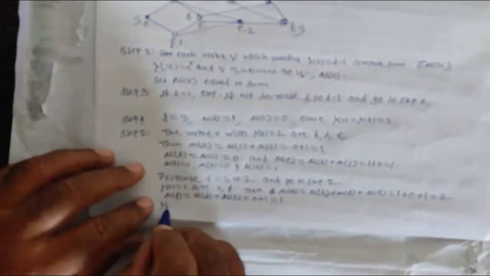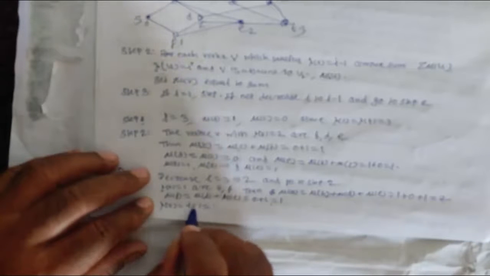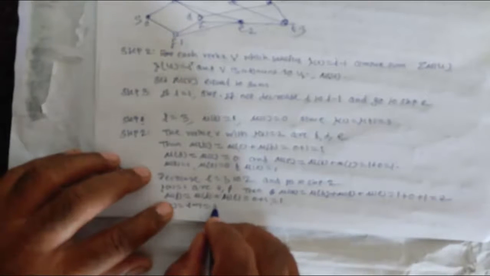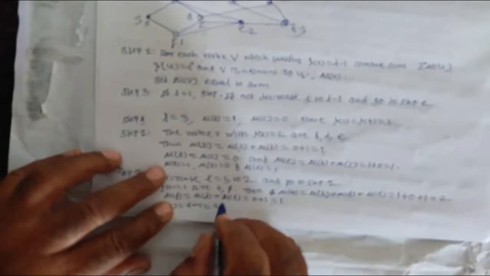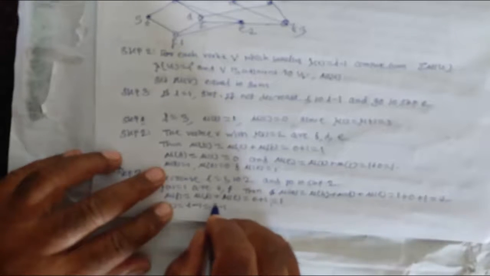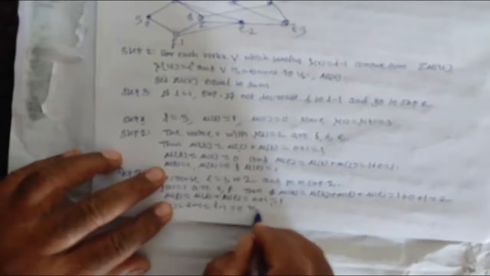That means here lambda of V is equal to I minus 1. I minus 1 is 0, and it is S. That means S is adjacent here.